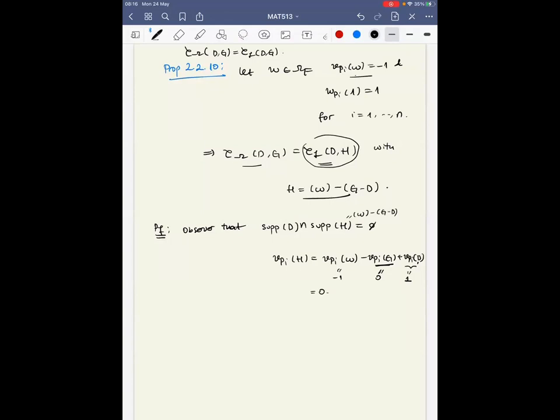So that means the support of H does not contain any of these given distinct places Pi's. So that means the definition of such a code makes sense.